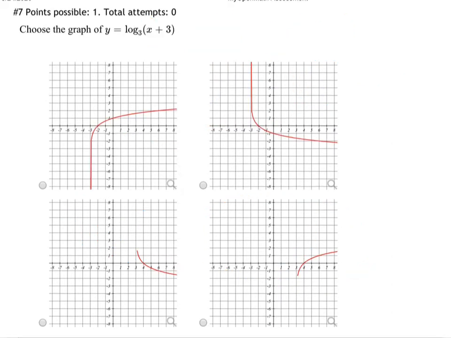Number 7, same kind of thing. Let's graph it. So we're going to make an XY chart. And what am I going to plug in first? Remember, you plug in x to make the inside of the log equal 0.